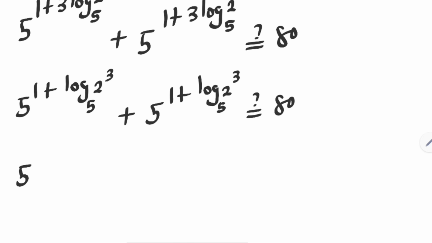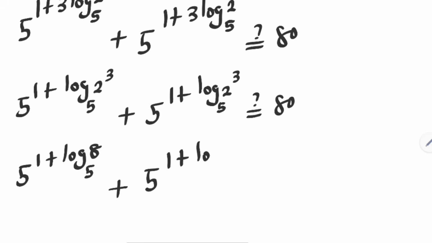This is 5 raised to power 1 plus log, 2 raised to power 3 is 8, log 8 base 5 plus 5 raised to power 1 plus log 8 base 5 must be equal to 80.